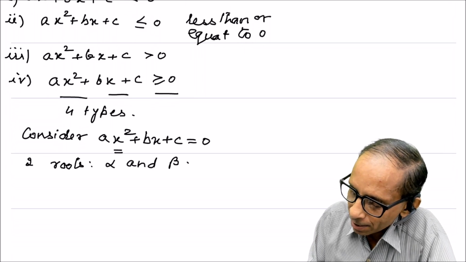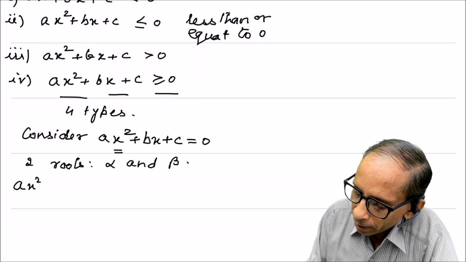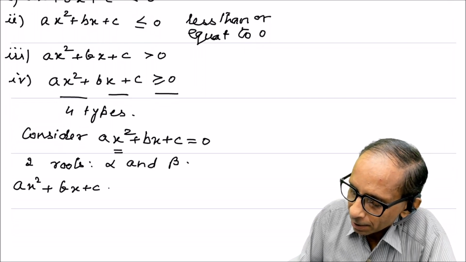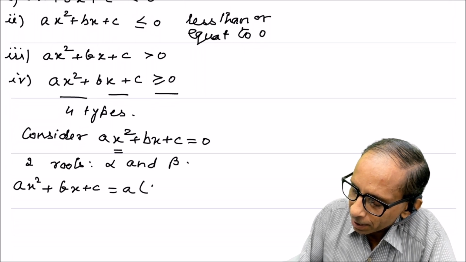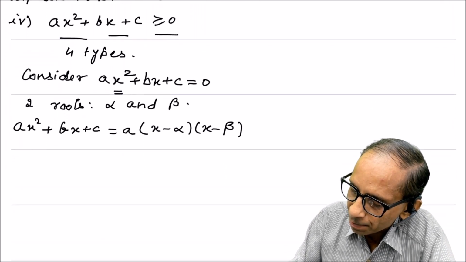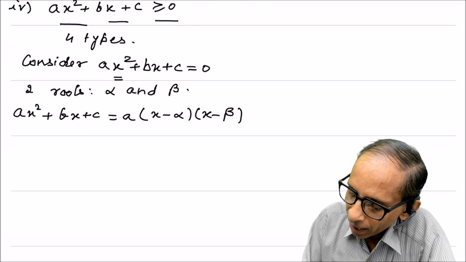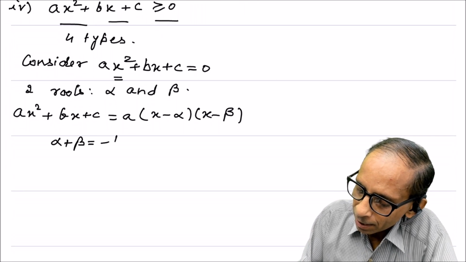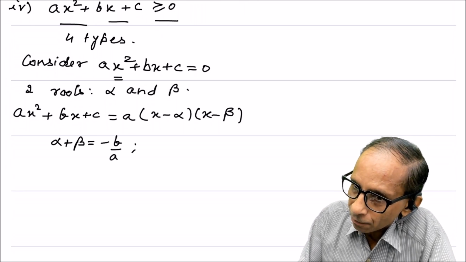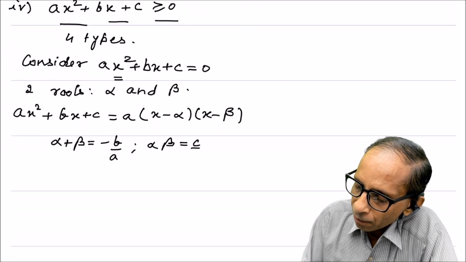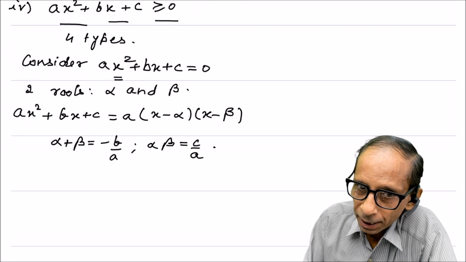Then in that case, this ax square plus bx plus c can be written as a times x minus alpha into x minus beta. In fact, what we can notice from our elementary studies is alpha plus beta will be minus b by a, and alpha beta is c by a.